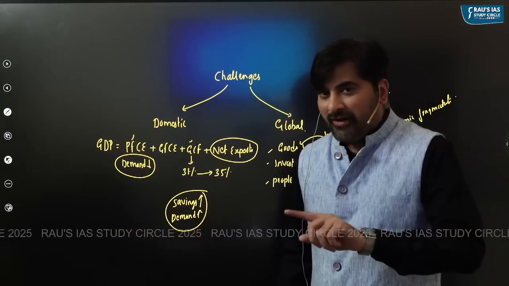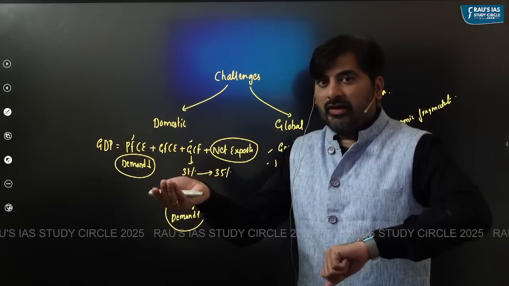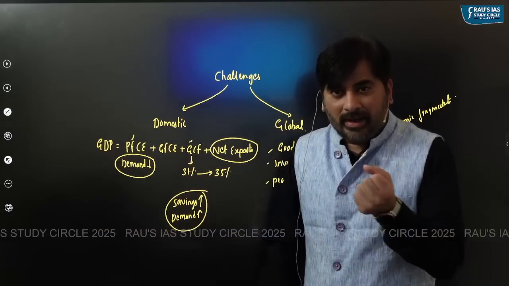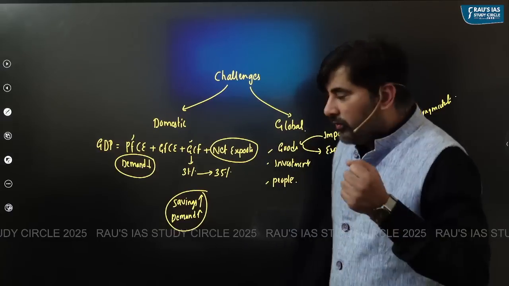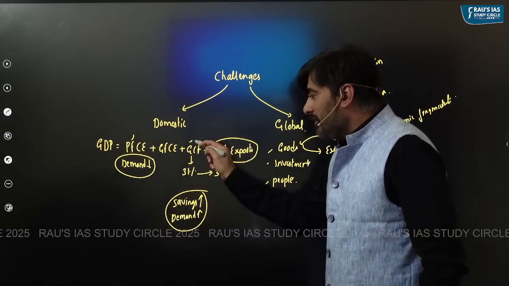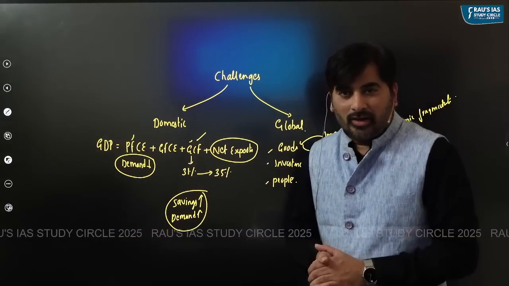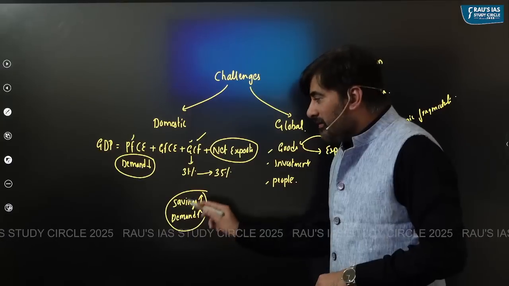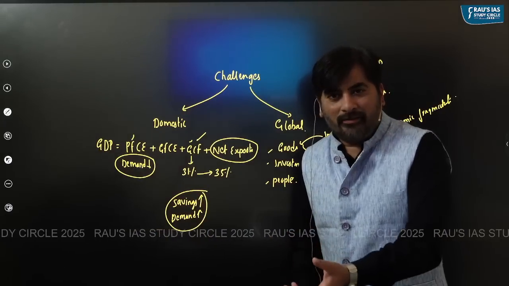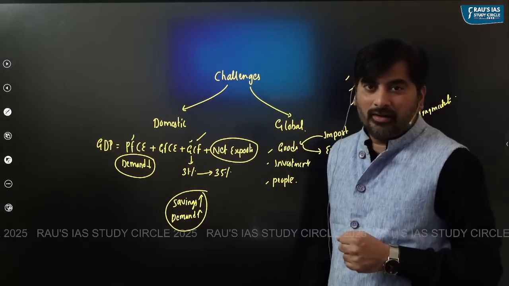So can you see the effect of tax rebates is that on one hand, savings could increase. On the other hand, demand could increase. If savings increase, it will lead to an increase in gross capital formation, investment. And if demand increases, ultimately, it will encourage the private sector to make more investment in the economy.